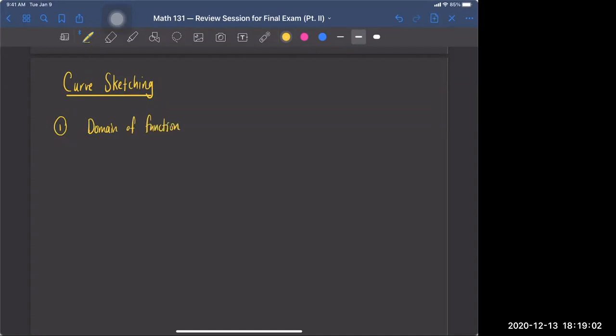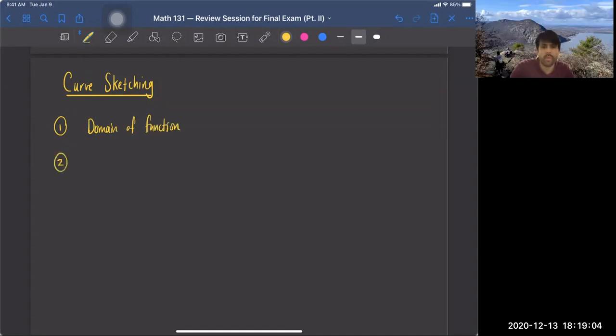And then we have to find the x and y intercepts. We care where those points are. Then we care about whether there exist any asymptotes, vertical or horizontal.